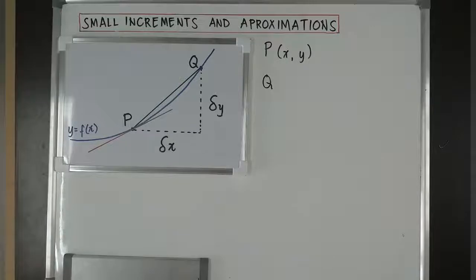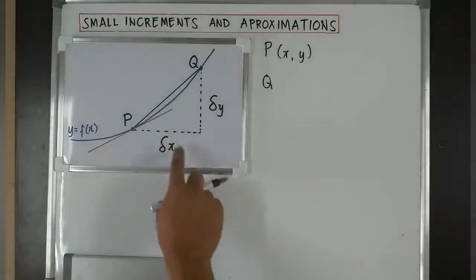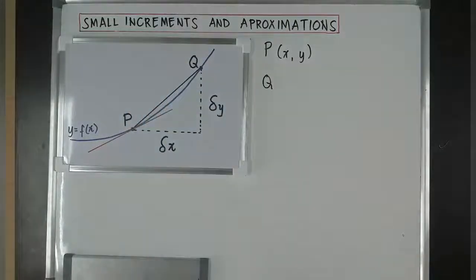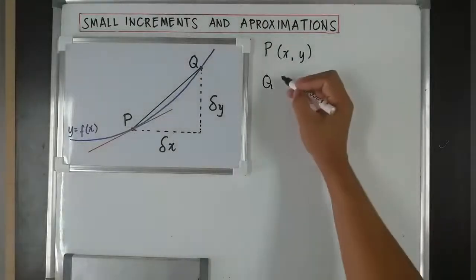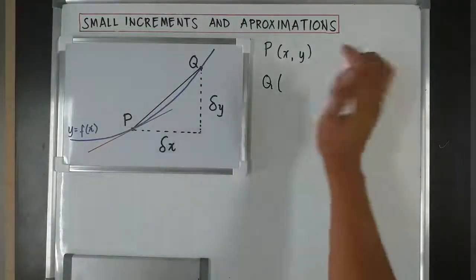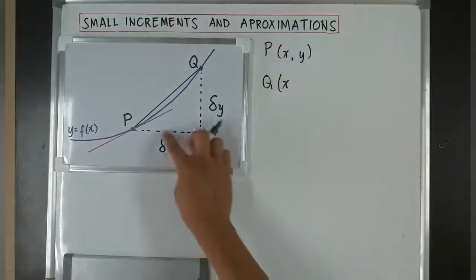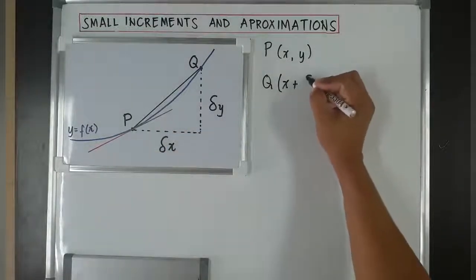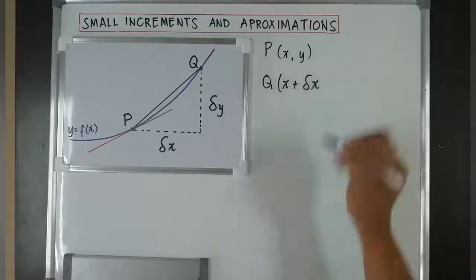We are not talking about decrease over here, but we are talking about the increase. That's what it means by increment. Increment means increase. So I'm going to add x by the small increment of x.